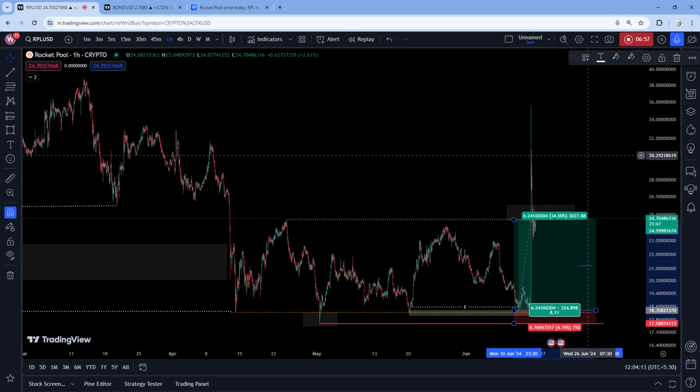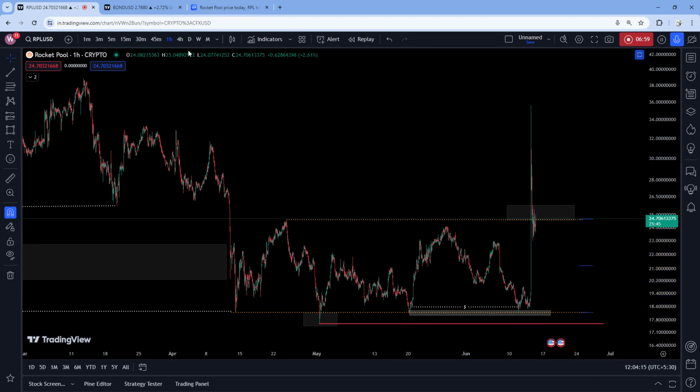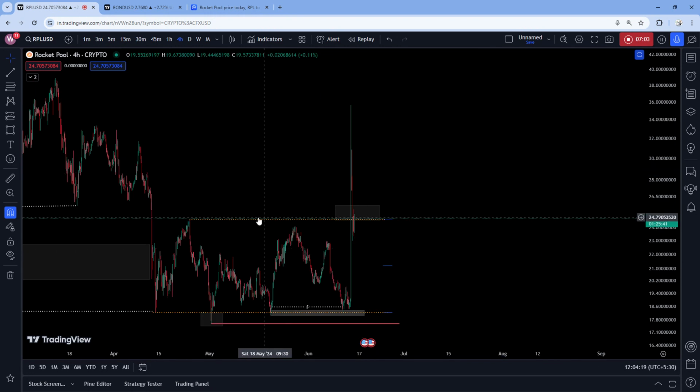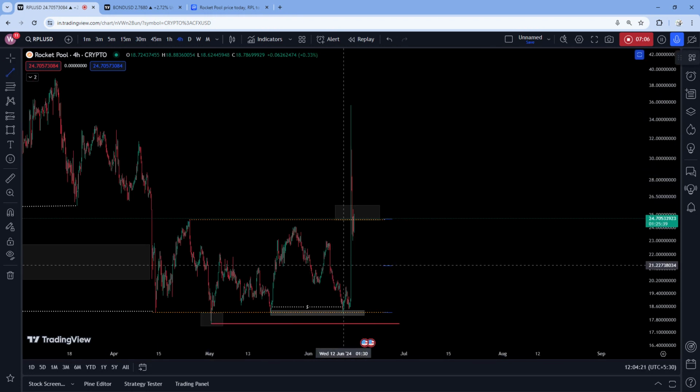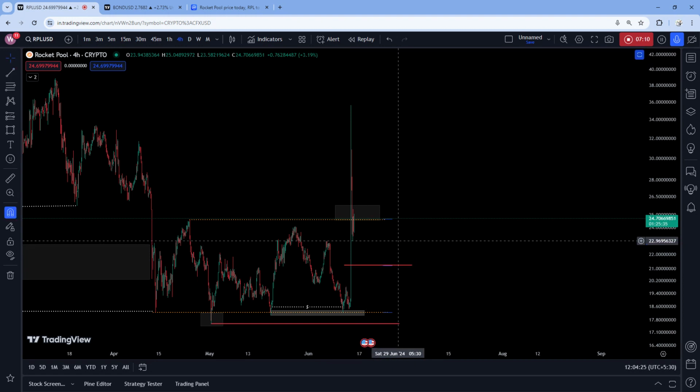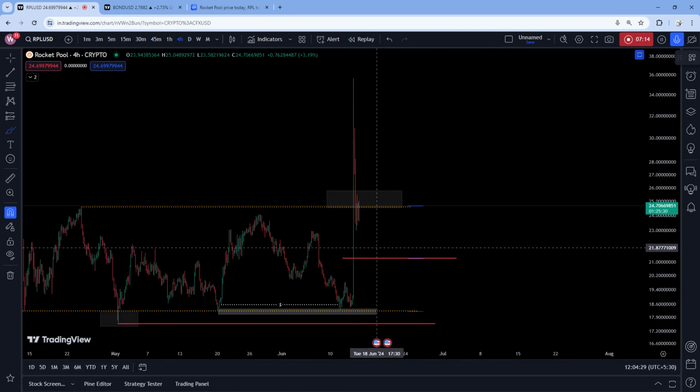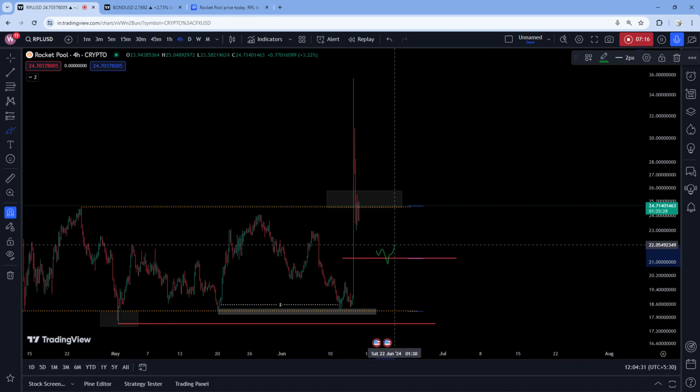Like after this, if I have to plan a trade, I'll be looking for this level, the 0.5 level of this range. And maybe look for a break of structure.